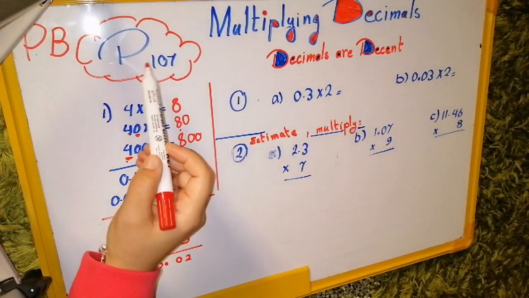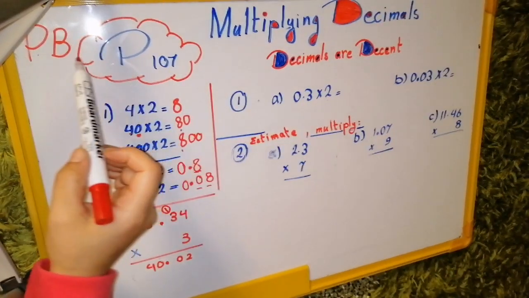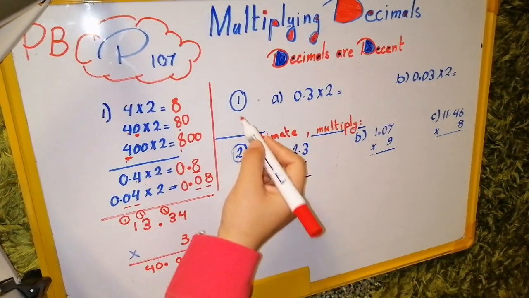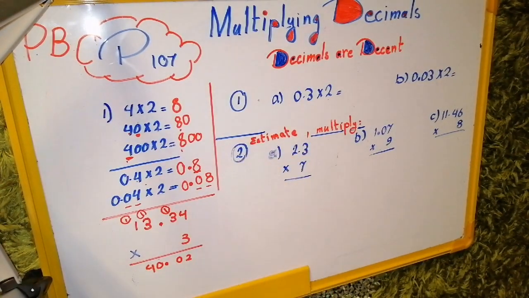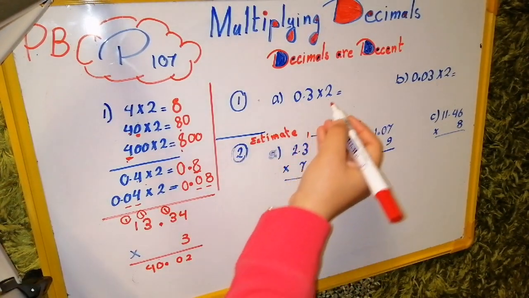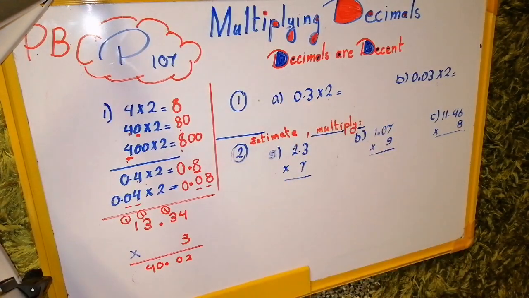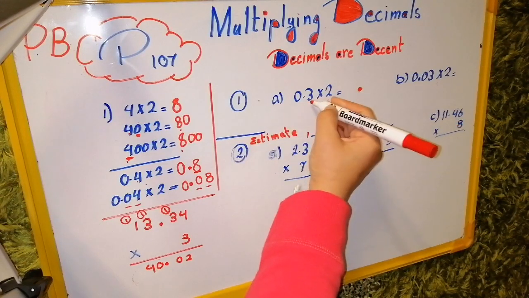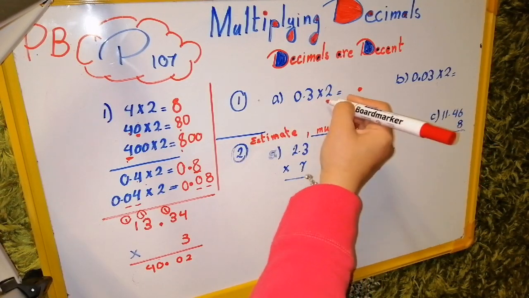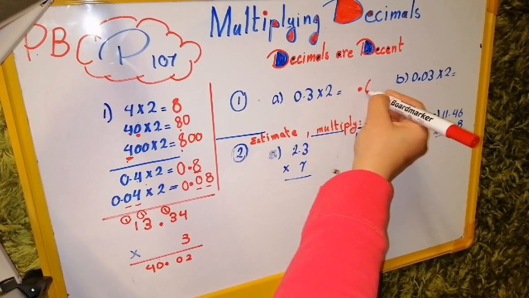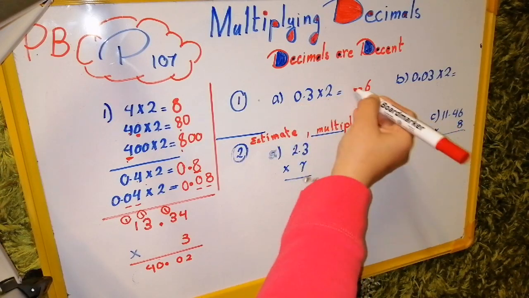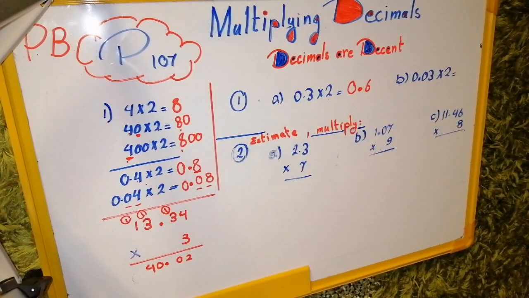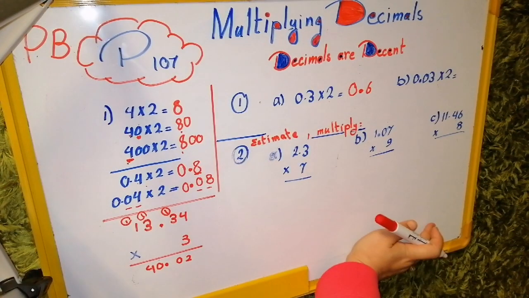Now we are on page 107, Pupil's Book, exercise 1. I'm going to multiply 2 times 0.3. I'm going to put a point, and here I have one place on the right, so I'm going to say 2 times 3 is 6 in this place, and I have nothing else, so this is 0. Let's see the next.